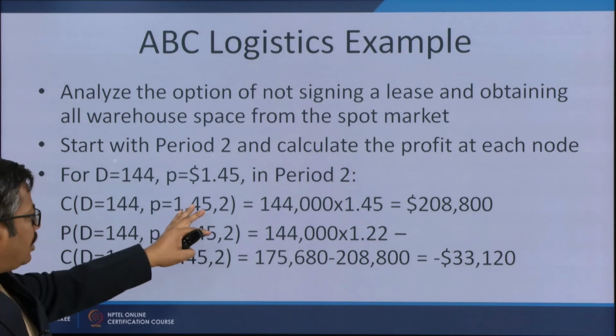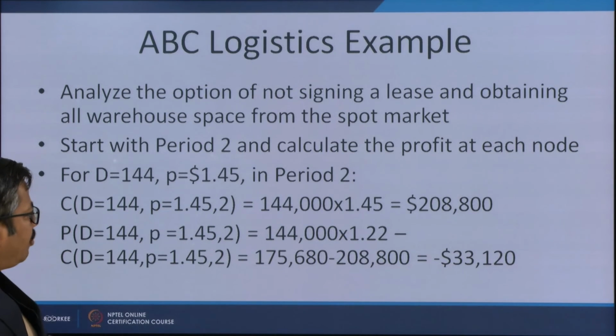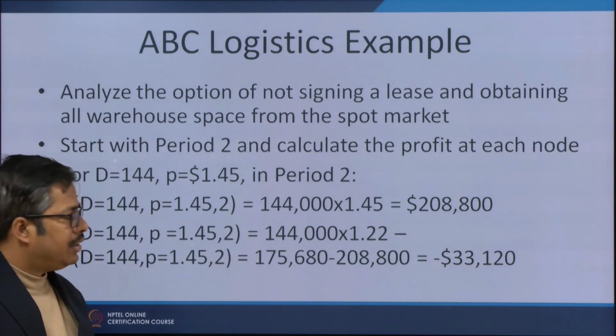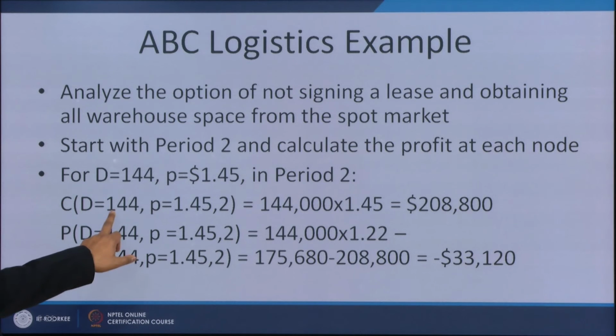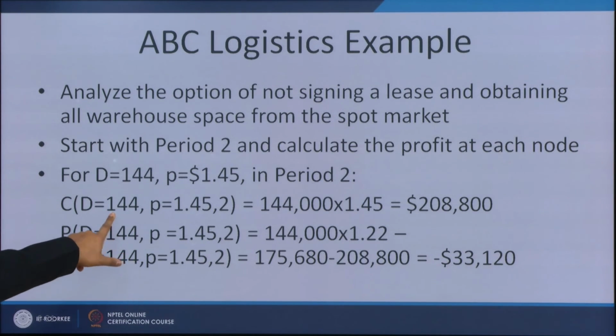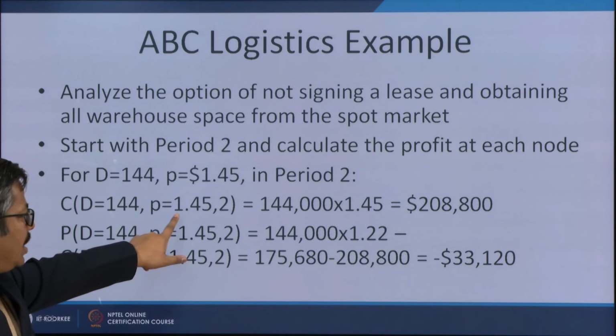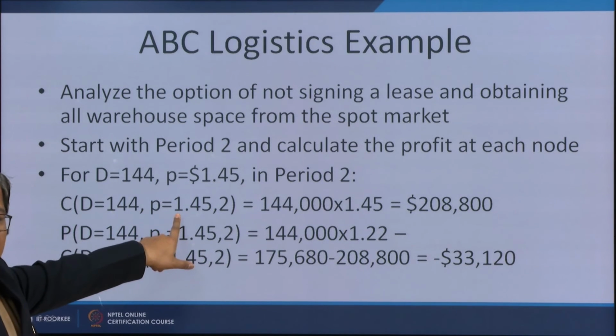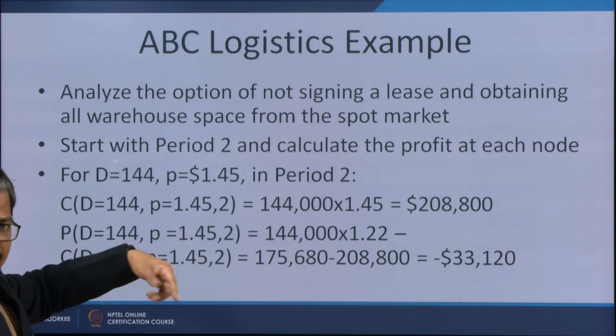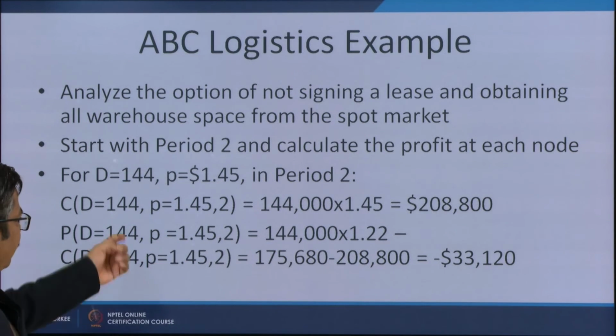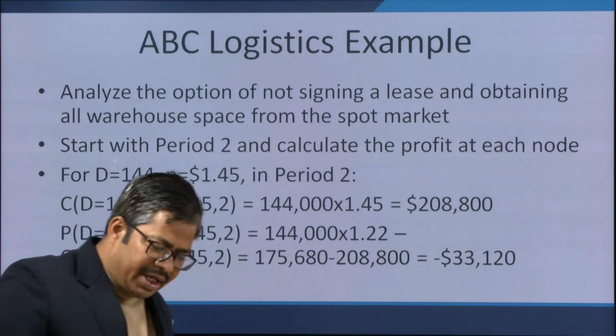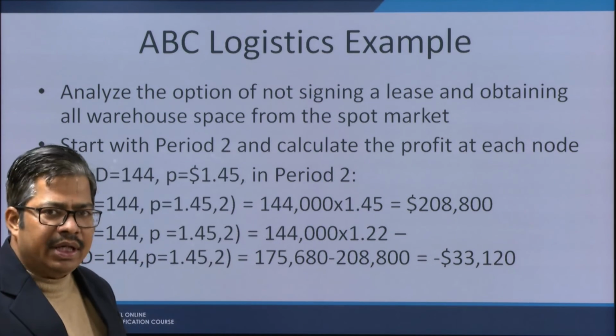So, this is the situation, and what will be the cost, because the demand is 144 here. You see how do we calculate this? Demand is 144 and price is 1.45 per square foot of space. And my company is committed to fulfill the entire demand.